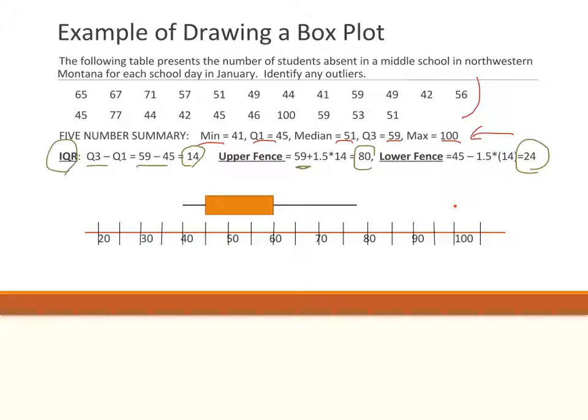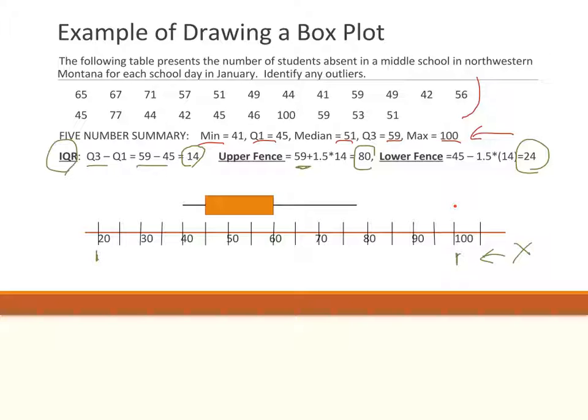So we have to make sure that we get all the values on the number line. Here's our x value on the number line for the number of days absent. The first mark is at 20, and this mark is at 100. Our scale looks a little off because of the way PowerPoint comes into this particular software package.